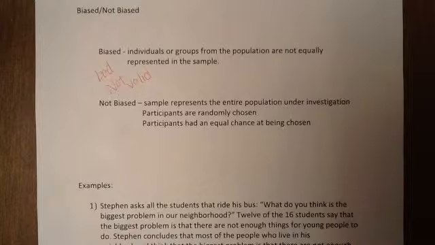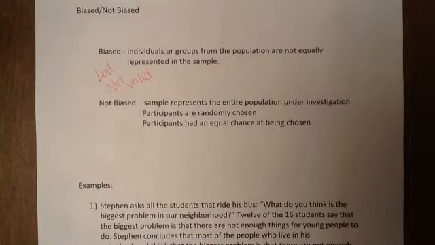if I decided to take a survey on campus, what the best major is, and I asked you guys, chances are you're going to tell me something about education, because you are all going to want to be education teachers. So I'm not really getting a good idea of the whole campus because I'm only asking a group of education students.